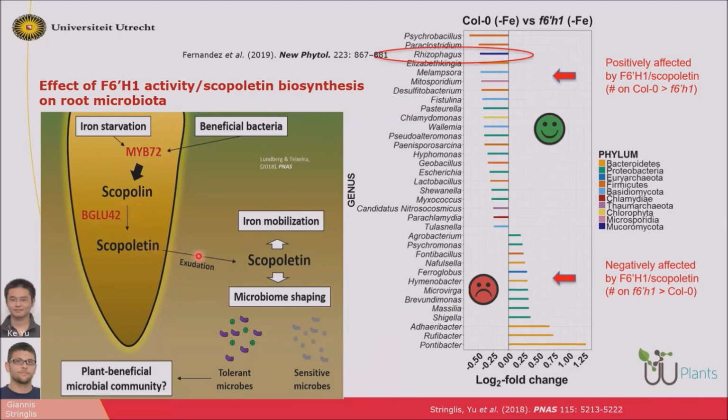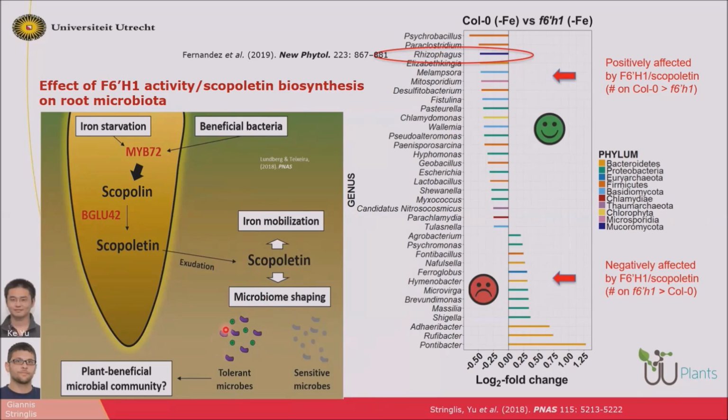That leads then to the secretion into the rhizosphere. And there, the scopolamine has a dual function. On the one hand, it mobilizes iron from the soil, which leads to enhanced iron uptake by the plant and growth promotion. And on the other hand, it leads to selective activity on the microbial community.